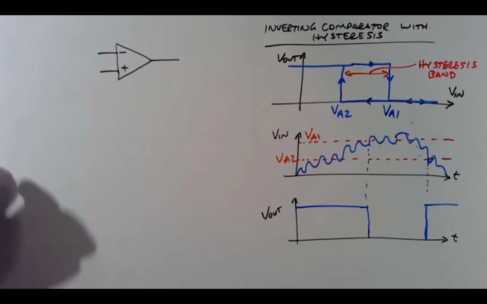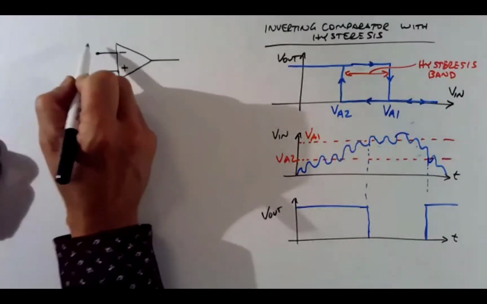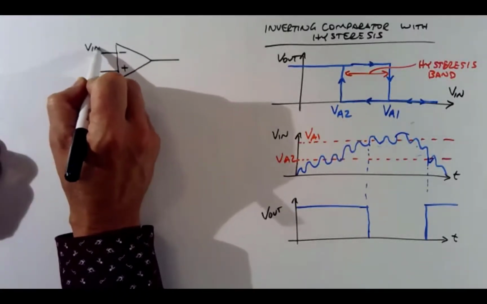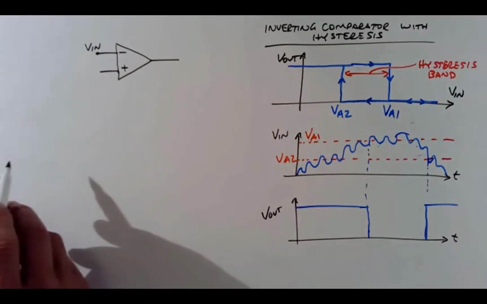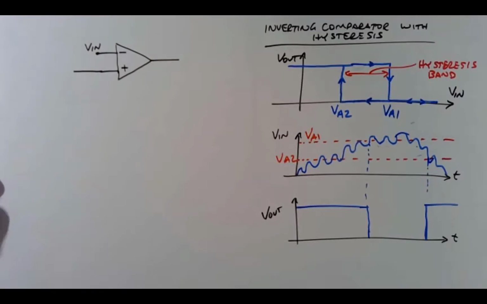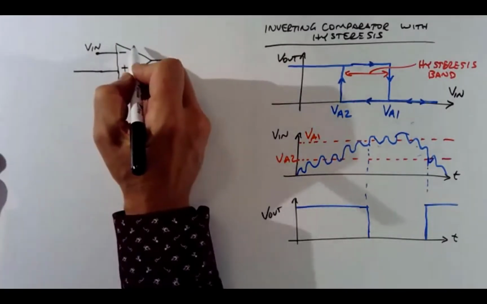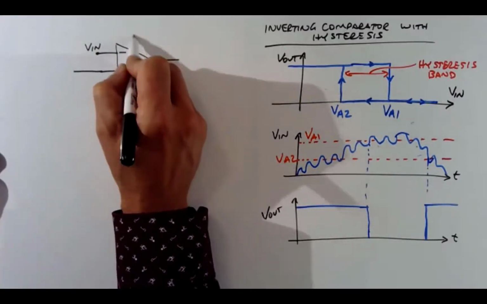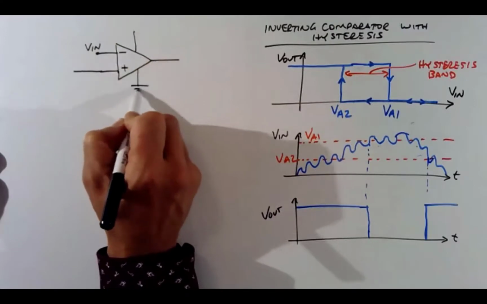And let's call this V in at the inverting input. And so what I'm going to draw is essentially the same as the simple comparator.